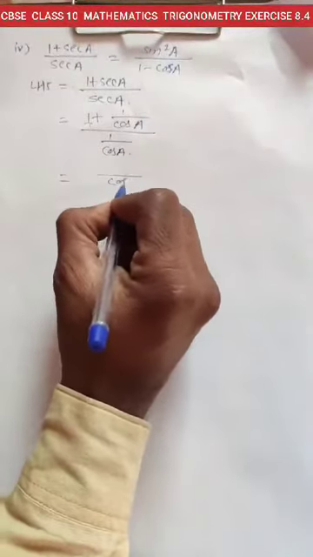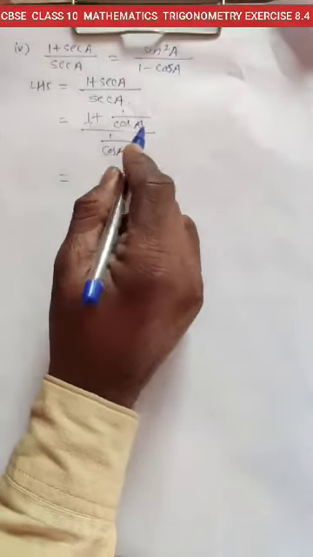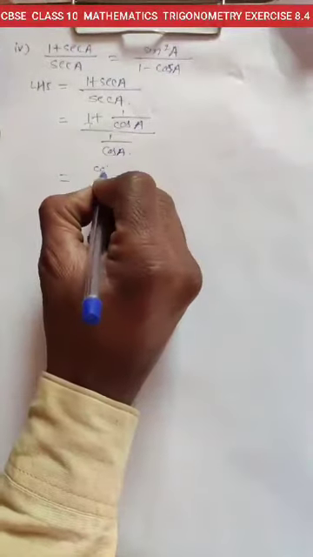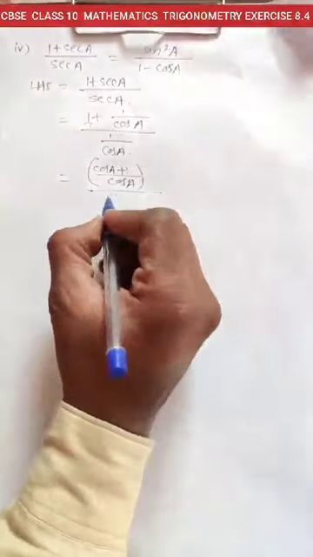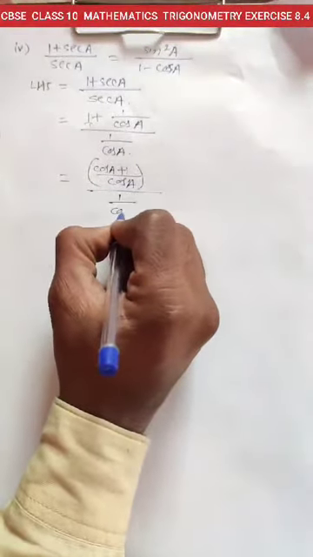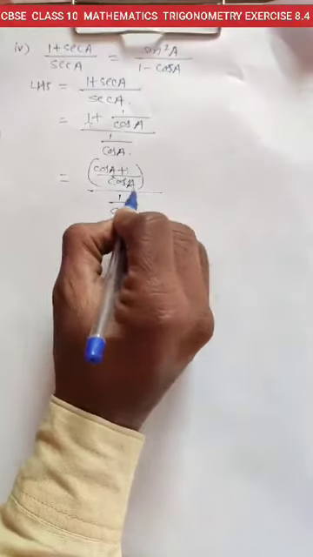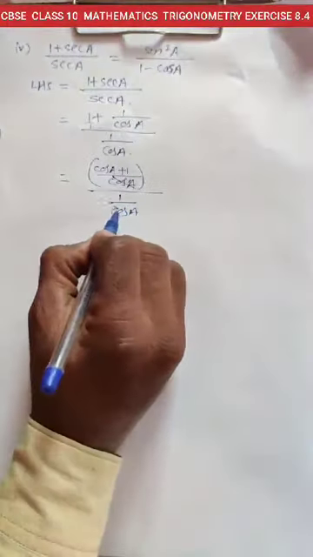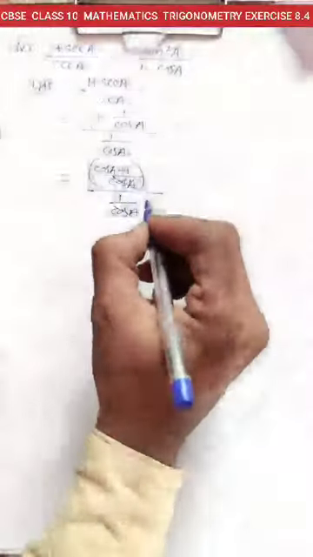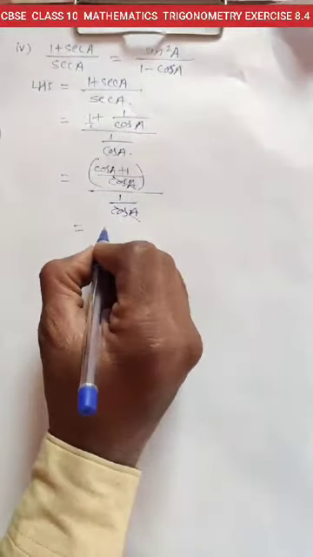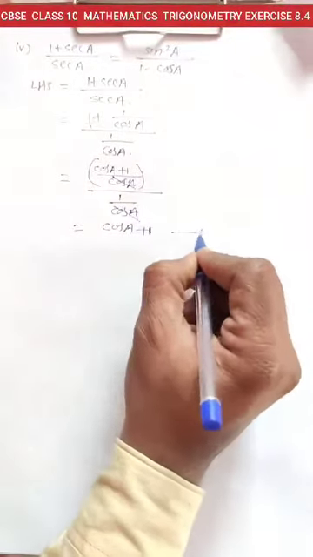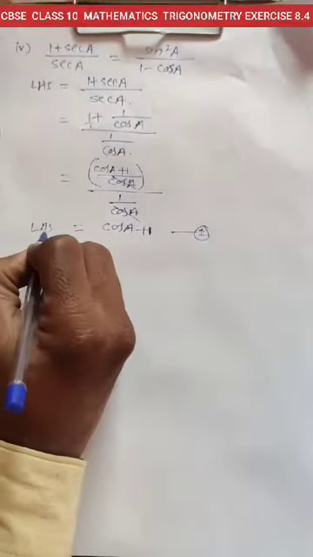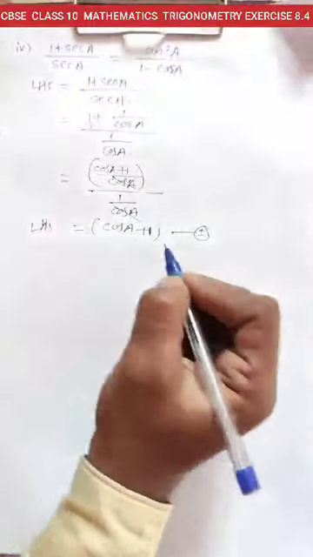Considering the LCM as cos A, the numerator becomes cos A into 1 plus 1, that is cos A plus 1, upon 1 upon cos A. The numerator and denominator have the same denominator, so it is cancelled. The remaining part is cos A plus 1. So this is equation number 1, the LHS.